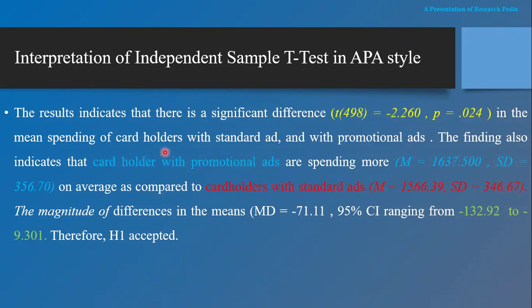The finding also indicates that card holder with promotional ads are spending more because their mean value was 1637.50, and the card holder with standard ads are showing their mean value as 1566.39. So the magnitude of difference in the mean is minus 71.11 with 95% confidence interval ranging from this.